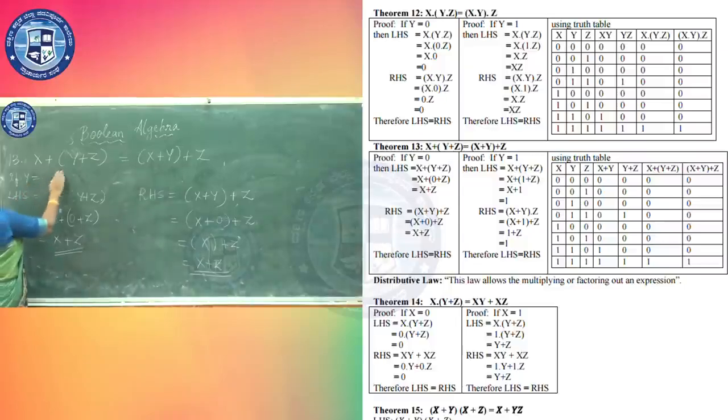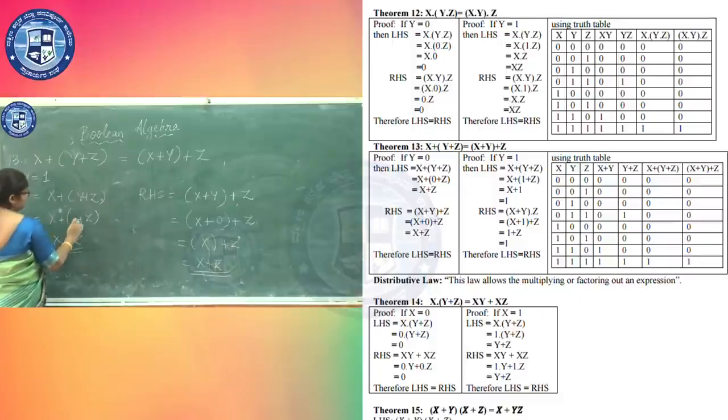What if I am taking the value of y to be 1? Let us consider the value of y to be 1. When I take the value of y to be 1, it is 1 plus z. What is 1 plus z from the properties of 0 and 1? From the properties of 0 and 1, we know that 1 plus x is equal to 1. So therefore, x plus 1 plus z will be equal to 1.